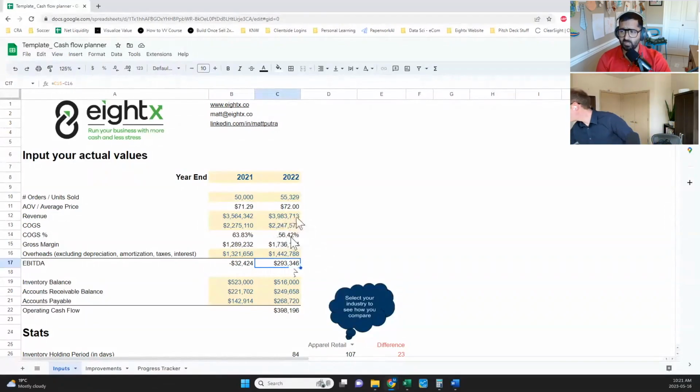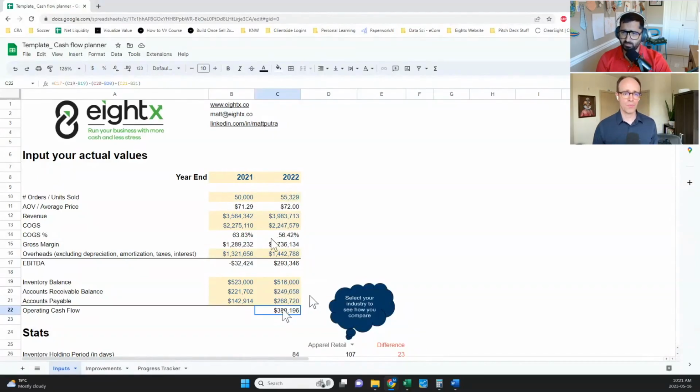This is kind of what we're trying to do, just assess where things are at. One of the really important numbers on the screen is their operating cash flow, which we can tell from this set of numbers, and it's 400 grand for 2022. So what we want to do is make that a higher number if we can. Someone that takes this sheet will just drop in their numbers.